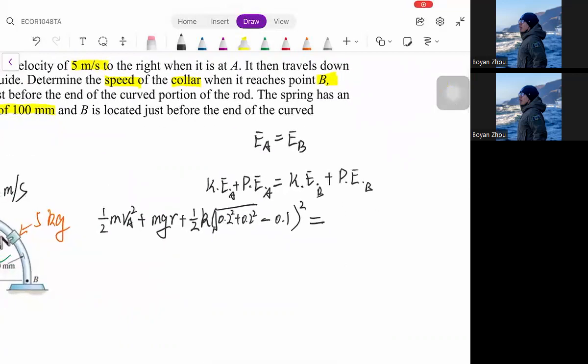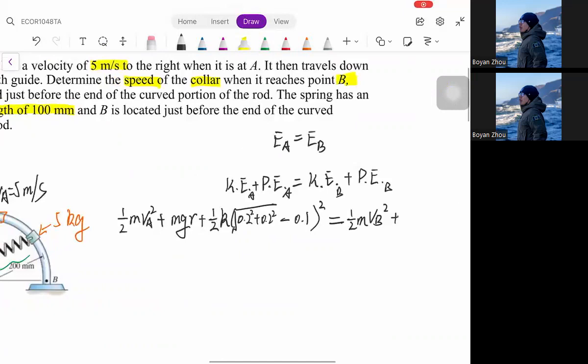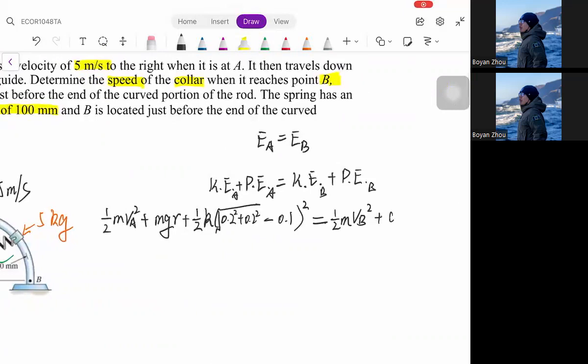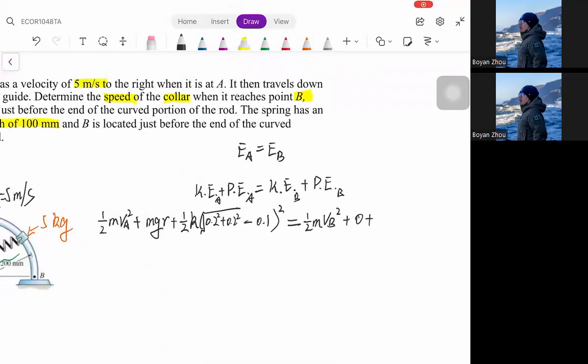is equal to the energy when the collar is at point B. So that is going to be half m vB squared plus, we don't have the potential energy from the height now, so plus 0, plus the potential energy from the spring.